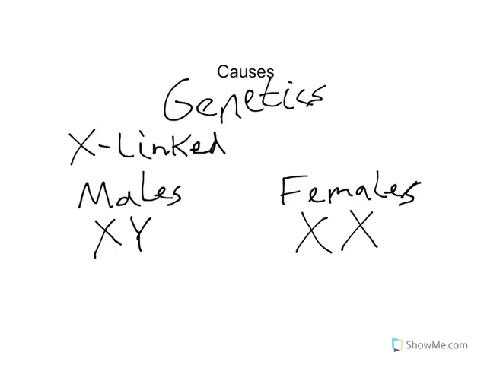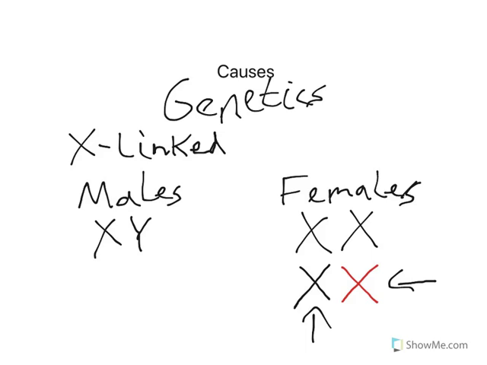So what happens when we have an X chromosome that is actually carrying the trait for color vision deficiency? Well, in this female here, she has an X chromosome that has the trait for color vision deficiency, but there's a counterpart on her other X chromosome that is dominant to that color vision deficiency trait. So this woman here is not going to show any color blindness. However, she is now a carrier of color vision deficiency.